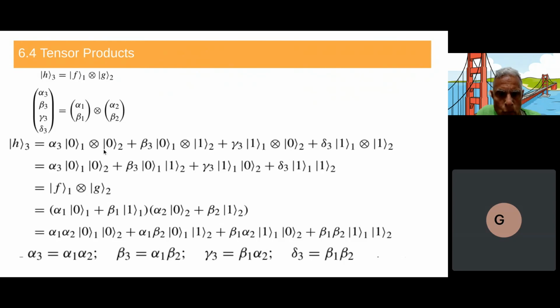That means the first component of H1, Ket 0 and Ket 1, with the tensor product with the second electron's Ket 0 and Ket 1.